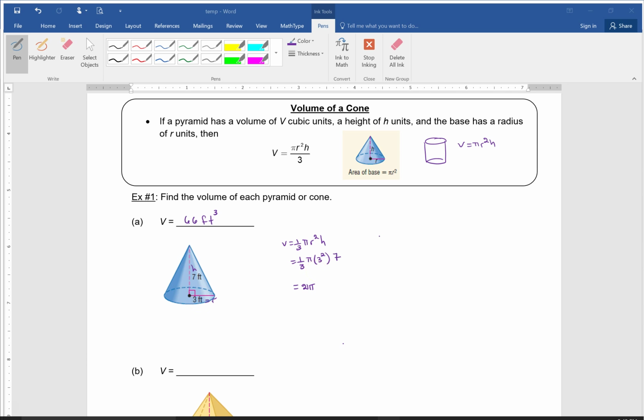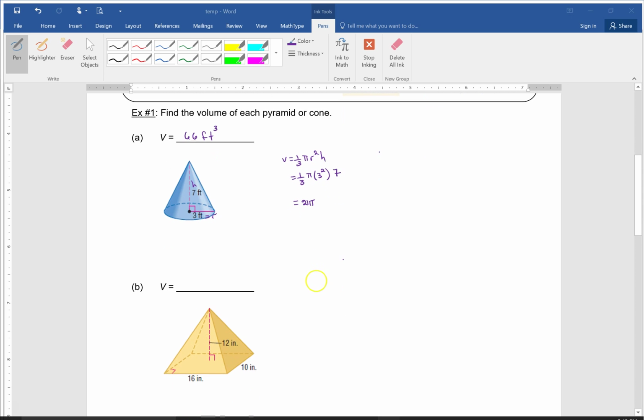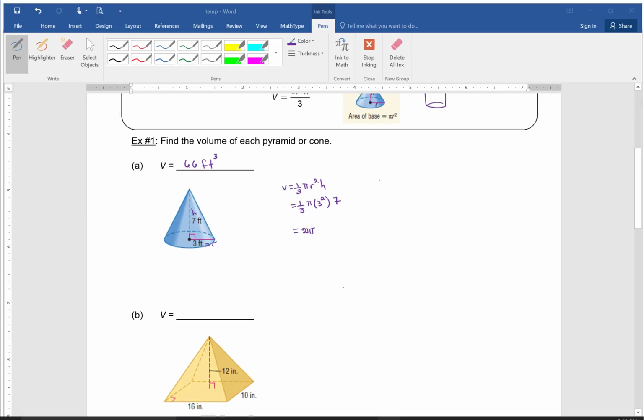I'm confused when you did the mental math part. Why did you divide everything else by like 1? This is 9 divided by 3 is 3 times 7 is 21 times pi.